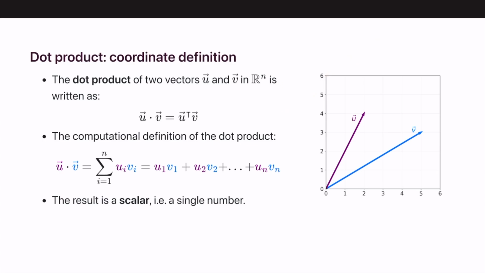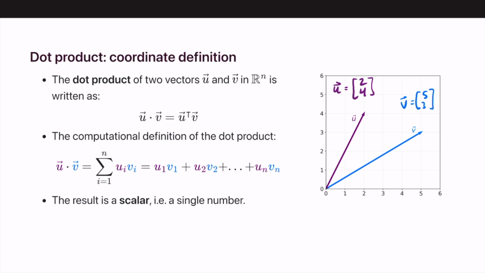So in this case, maybe we should just draw these out using color. We go with purple, we have the vector u, which is 2, 4. So we could say that u is equal to 2, 4. And we have the vector v, which again is equal to 5, 3.